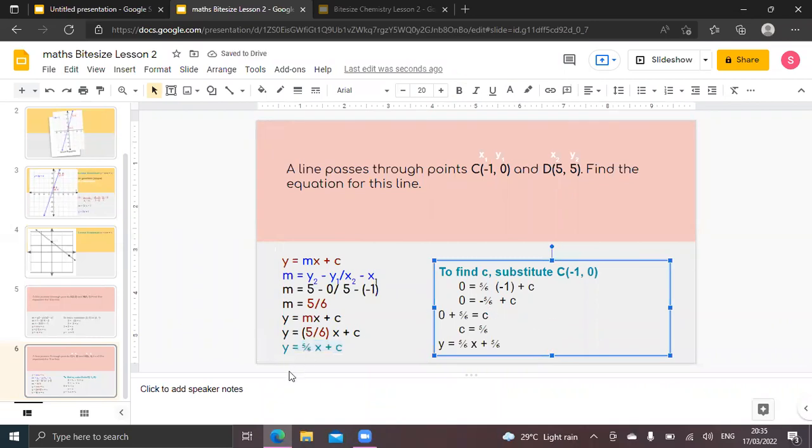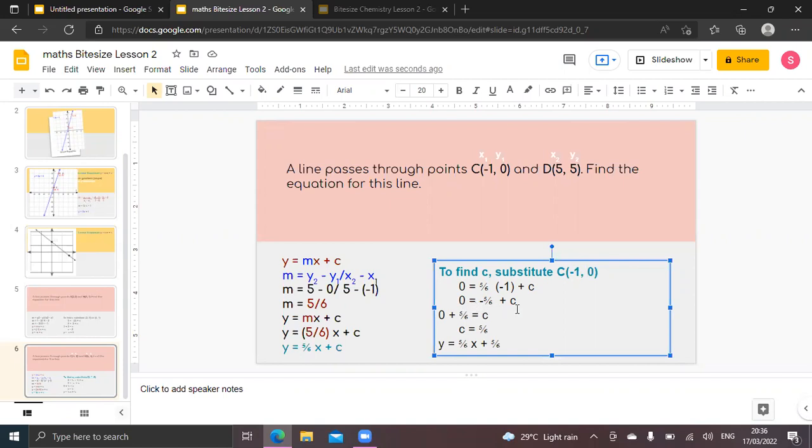In place of y, I put 0 equals 5/6 multiplied by my x value, which is -1, and then plus c. 5/6 multiplied by -1 is equivalent to -5/6, because over here is 0. So 0 equals -5/6 plus c.